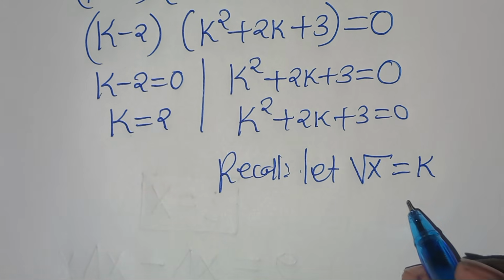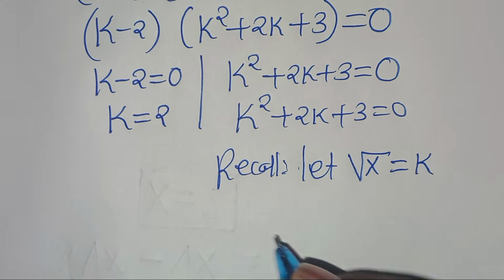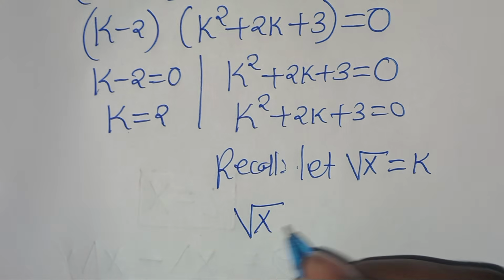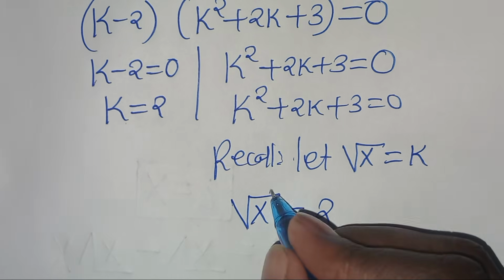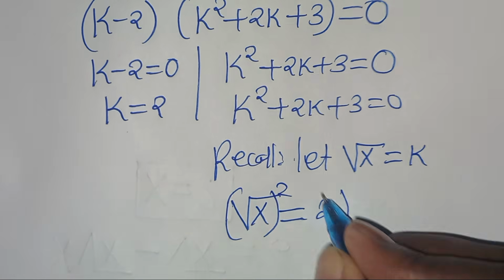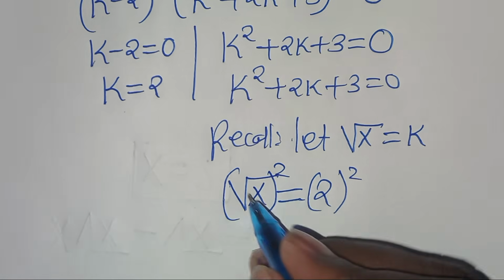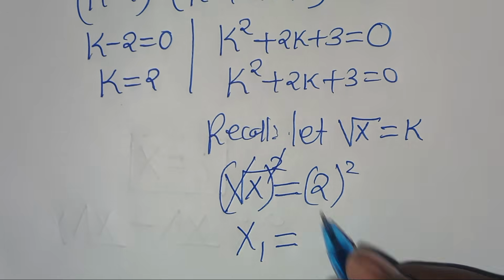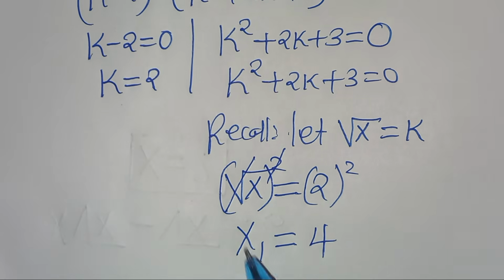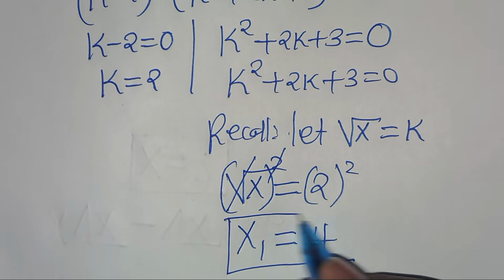Now let's substitute with the first k here. So this means that square root of x is equal to 2. Now to solve for x here, let us square both sides, so that we eliminate the square root sign, and x1 is equal to 2 squared, which is equal to 4. We have x1 is equal to 4.